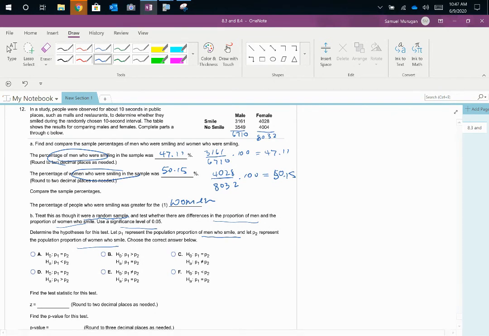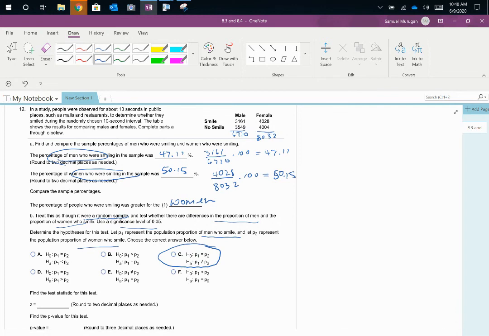So we're looking for equal and not equal. Right there, equal and not equal. Okay? Remember, P1 for the null is always going to be equal, and in this case, we're looking for smile and not smile, nothing less than or greater than, just simply smile or not smile.